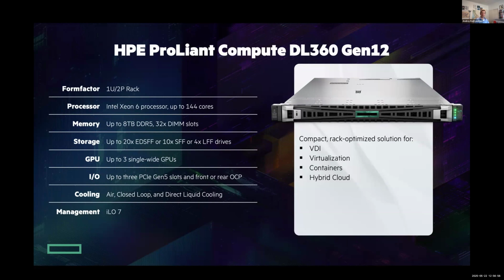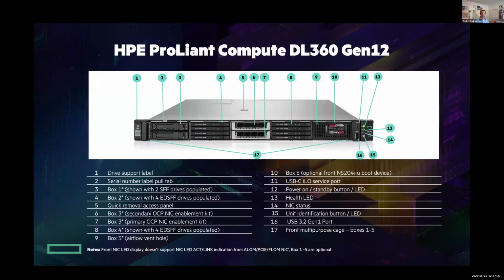And for different types of installations, for compute-specific installations, for storage, I will show the options, with different examples of cooling: air cooling, direct liquid cooling, closed-loop cooling, and so on. The use cases for this platform really vary from infrastructure use cases to computing use cases.